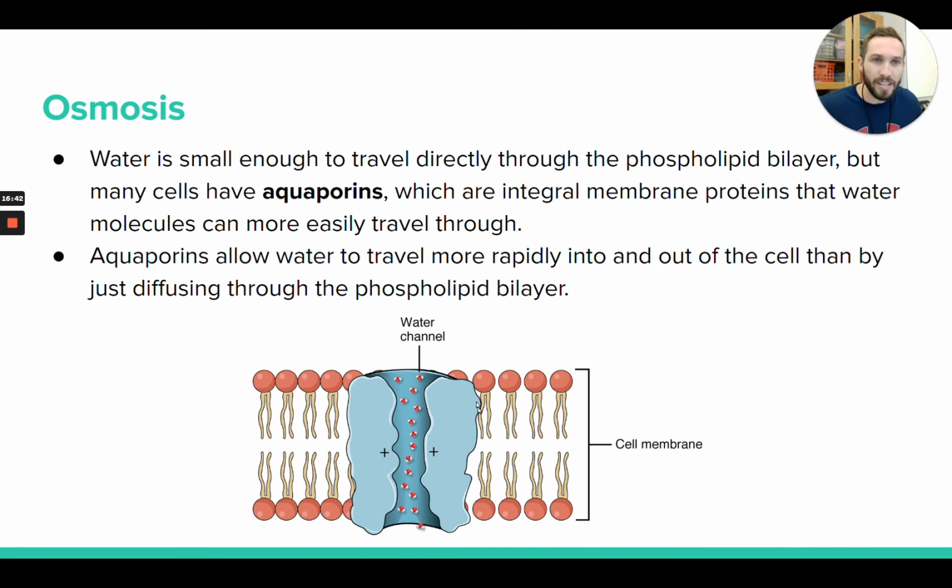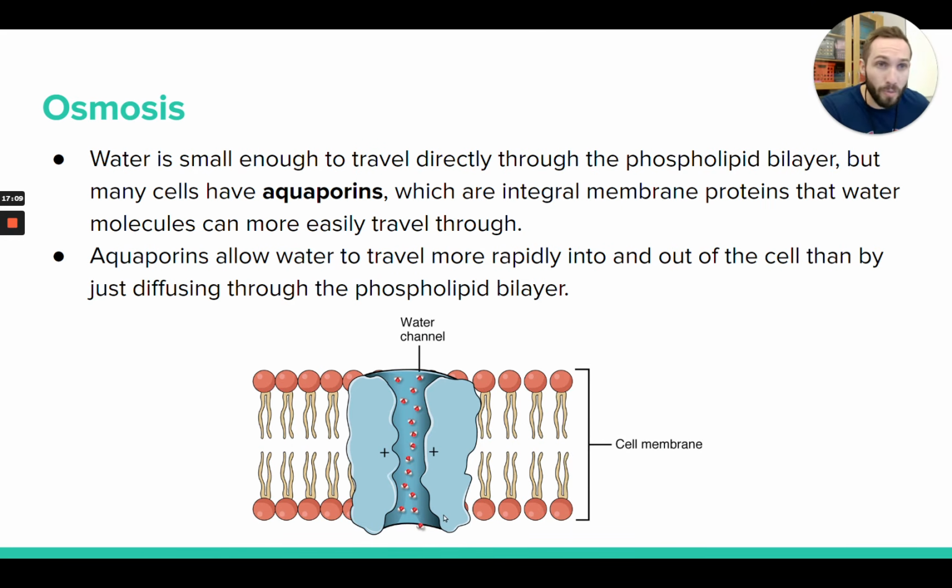And so a lot of cells have evolved to have these special transport proteins called aquaporins. Aquaporins are proteins that allow water to go into and out of the cell way more easily. And so that's what this guy is here. It's basically a channel for water to quickly move across the cell membrane, so that this helps with osmosis happening a lot more easily inside the cell.